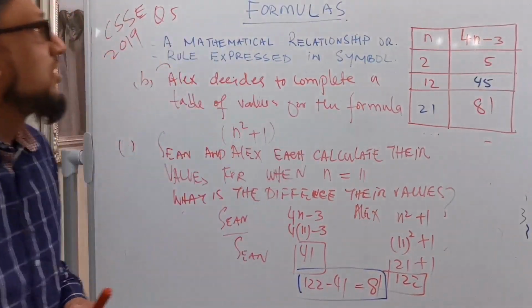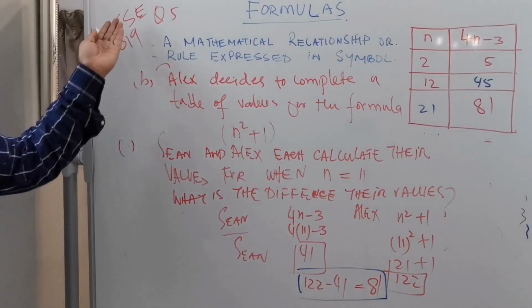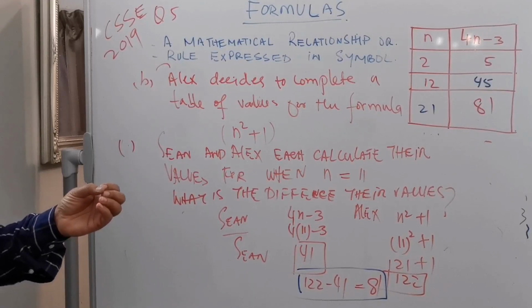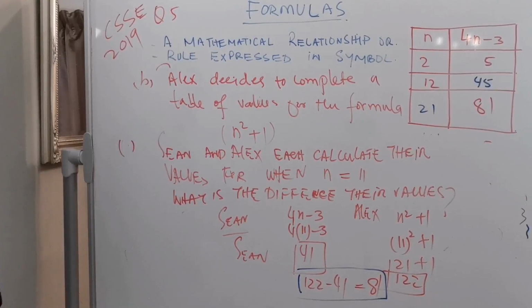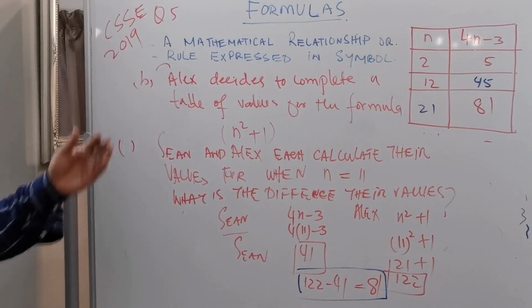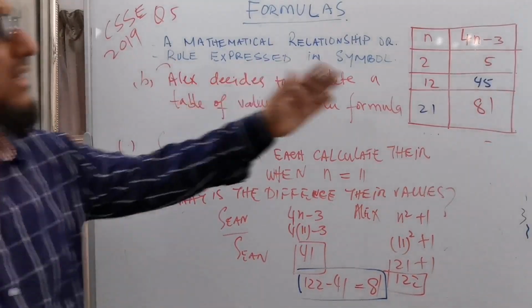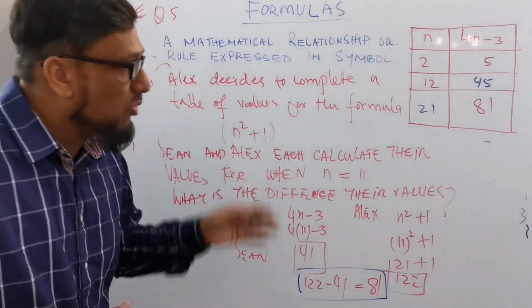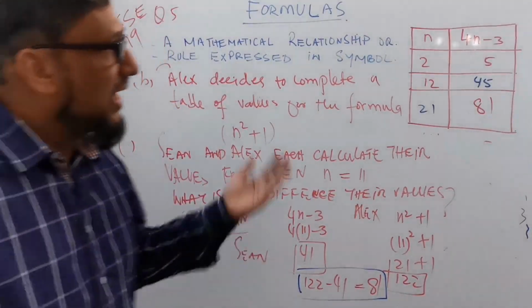This question came from the CSSE 2019, very simple and very easy marks. I think there are 3 marks for these 2 parts, so you can do it easily. You just enter the value into the given formula and work it out, and also work out the reverse calculation.